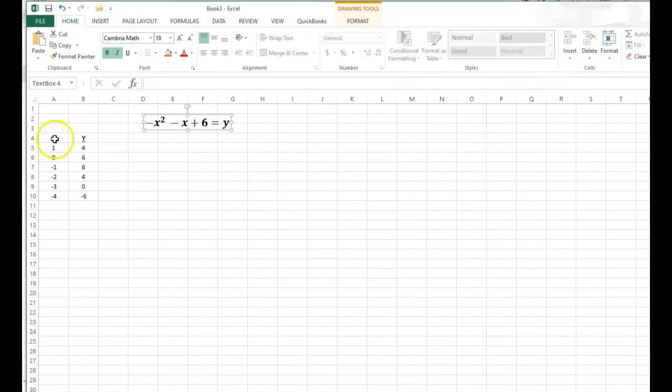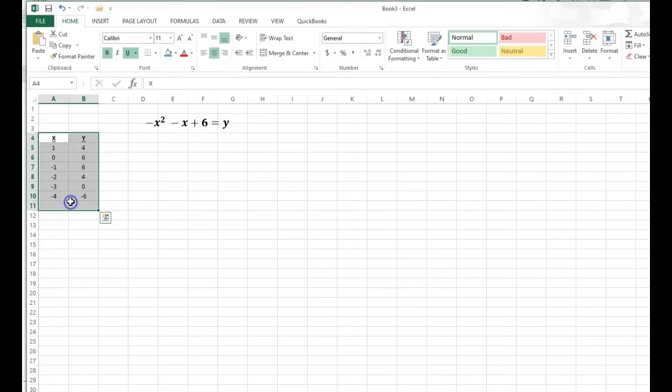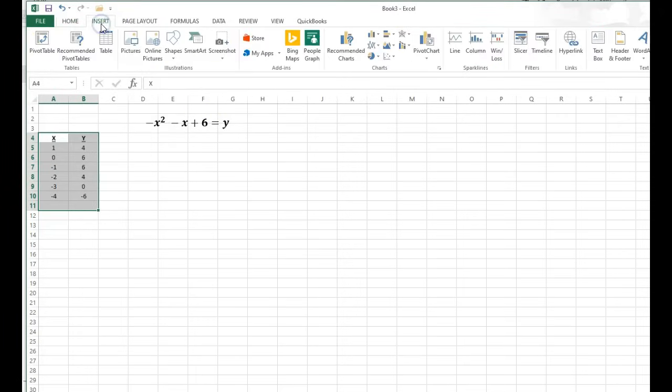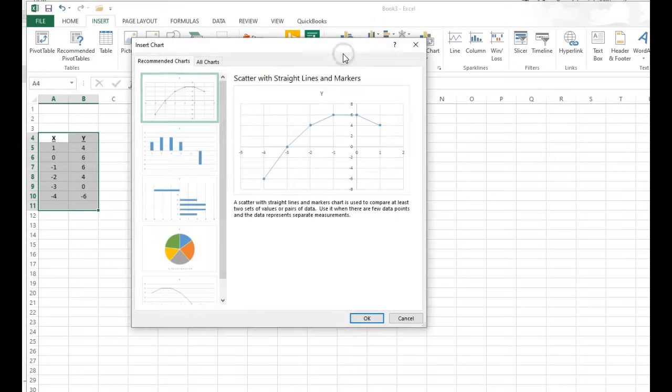Alright, I went ahead and typed these numbers down. And we're going to ask Excel to plot this for us. Recommended chart. So here it is.